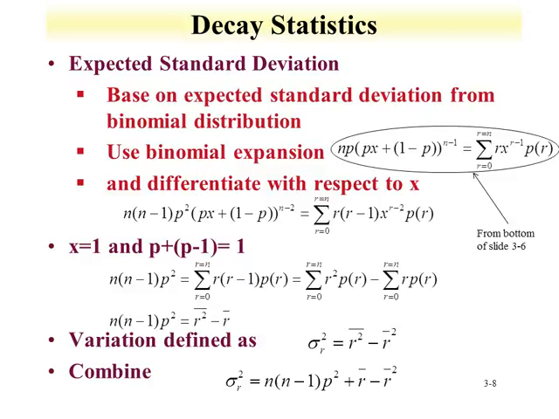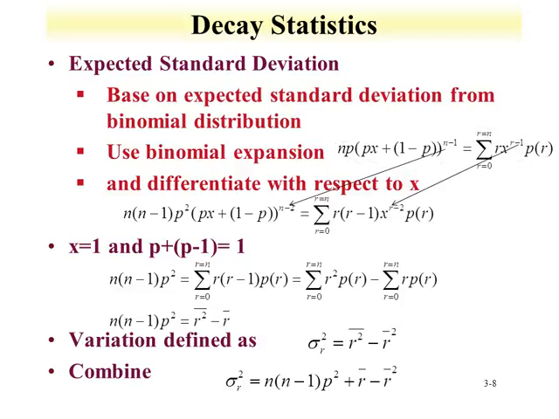This equation is at the bottom of slide 3-6, and I just differentiate with respect to x. So these equations, through the differentiation, get changed. And just like we did before, we set x equal to 1, and p plus (1 minus p) is equal to 1.